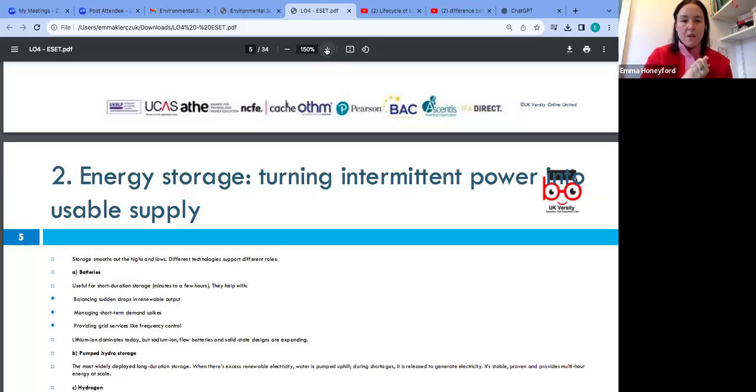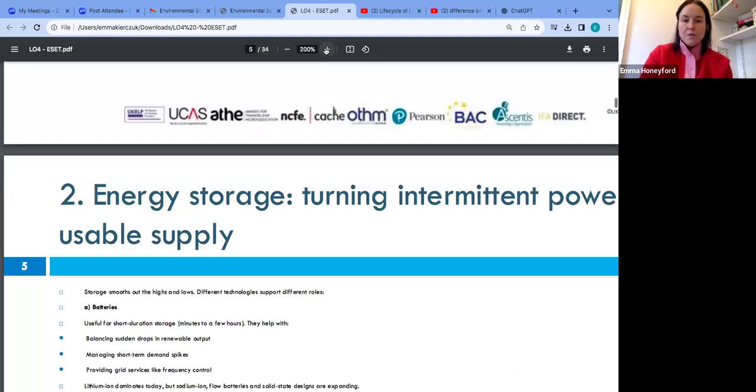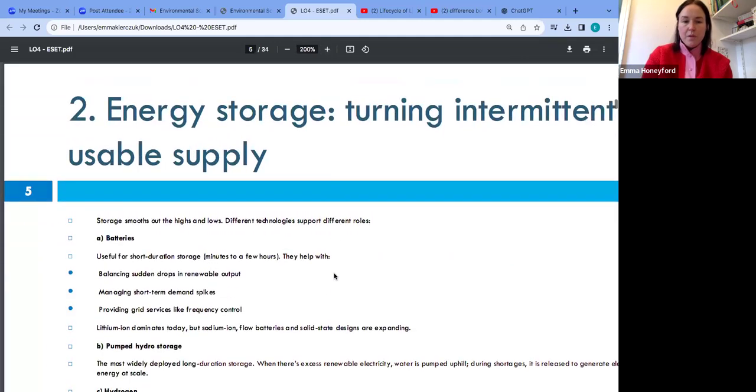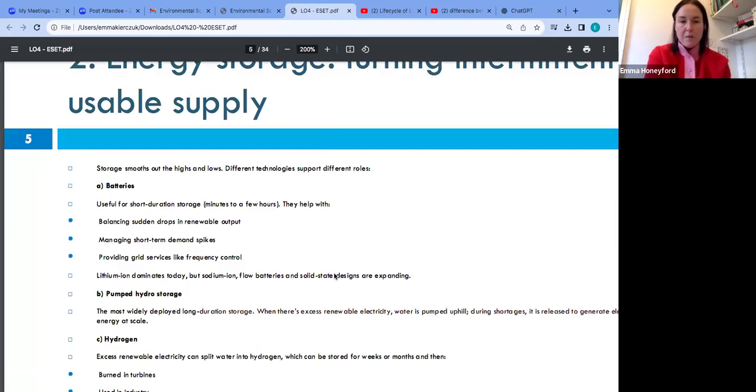So this is when batteries come into play. These are really useful for short-term storage, and they will help us to balance sudden drops in renewable output. They can also help us manage short-term demand spikes.